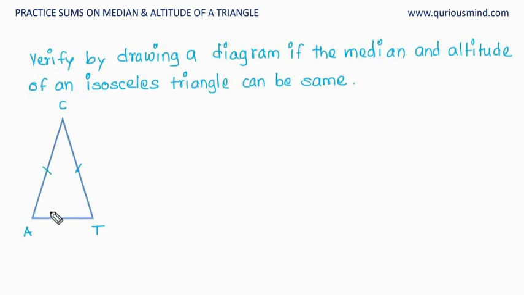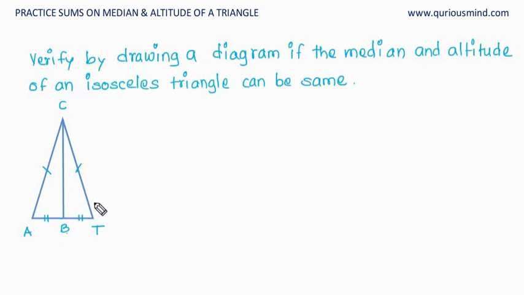Now let me draw a median which starts at vertex C and joins the midpoint of side AT. Let me take a midpoint and let's draw the median. So I have drawn a median CB, let's say, and these two are equal.